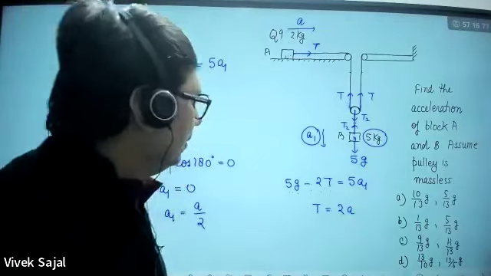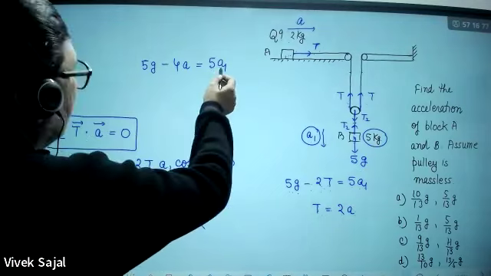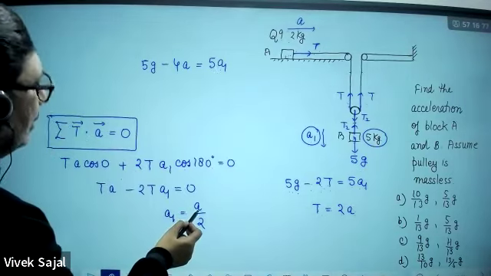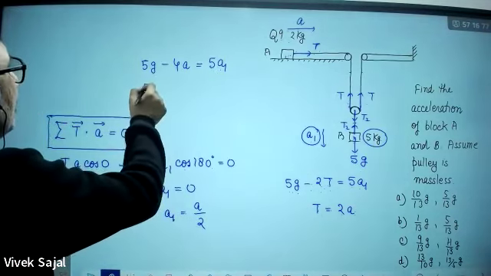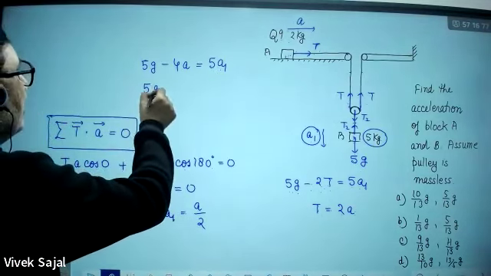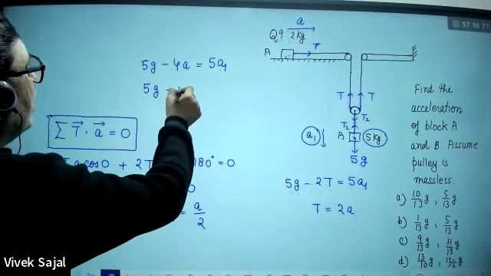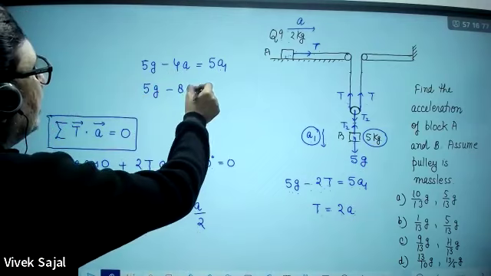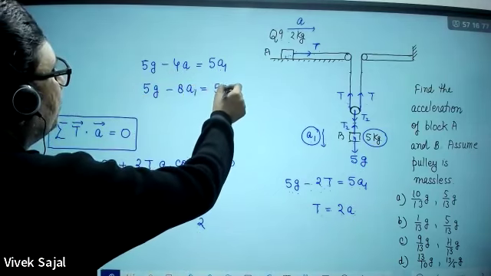Is it okay, beta? So substitute this A1 here. Or you can replace A2 by 2A1, this is your choice. So I'm writing 5G, and in place of A, I'm writing 2A1. So this will be minus 8A1 equal to 5A1.